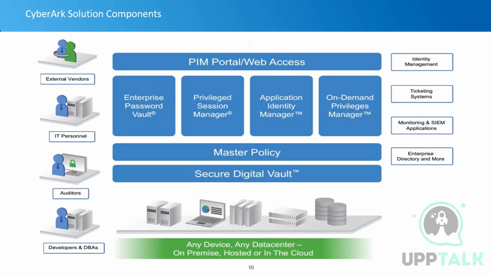Depending upon the customer's geographical locations, how their data centers are distributed, that defines how many servers we require. For example, CPM works to rotate the password, and PVWA is a web portal where the end user will log in.